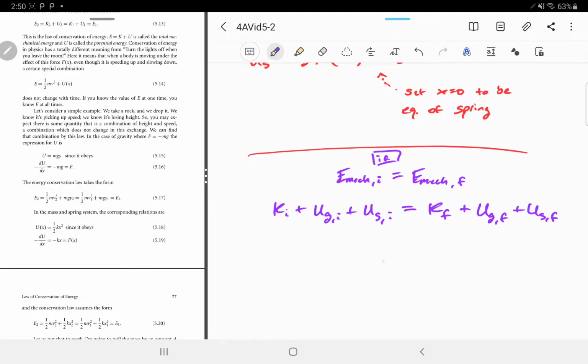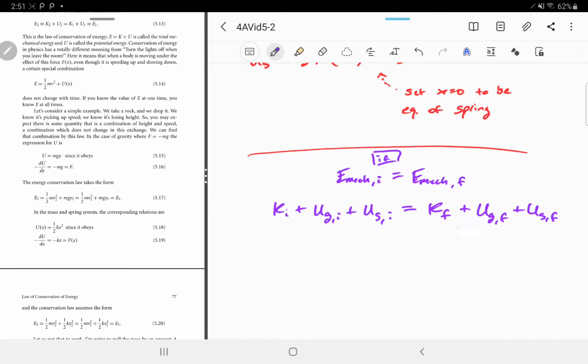So maybe the spring was initially compressed and then it shoots something off. In that case, the final potential energy of the spring would be 0 because it gave its energy to something else. Initially it was compressed, there was some positive potential energy, and then that goes to 0, and then one of these two would increase as a result. If you fire something vertically upwards, maybe the gravitational potential energy is going to go up.